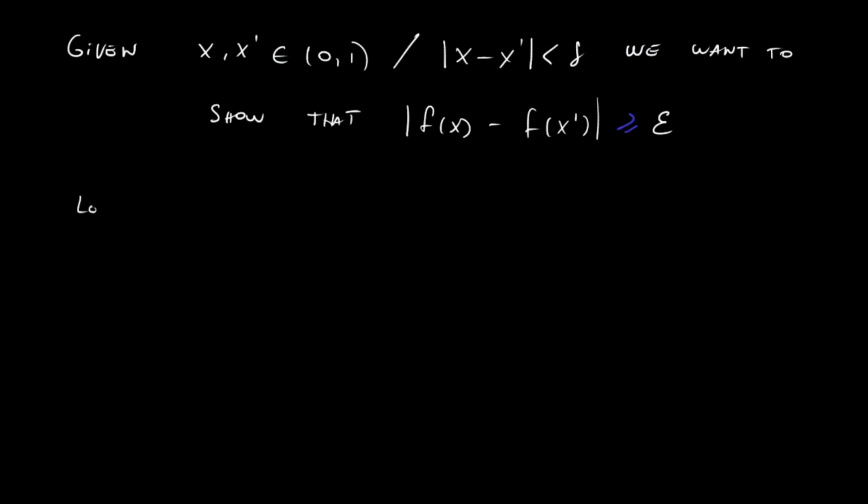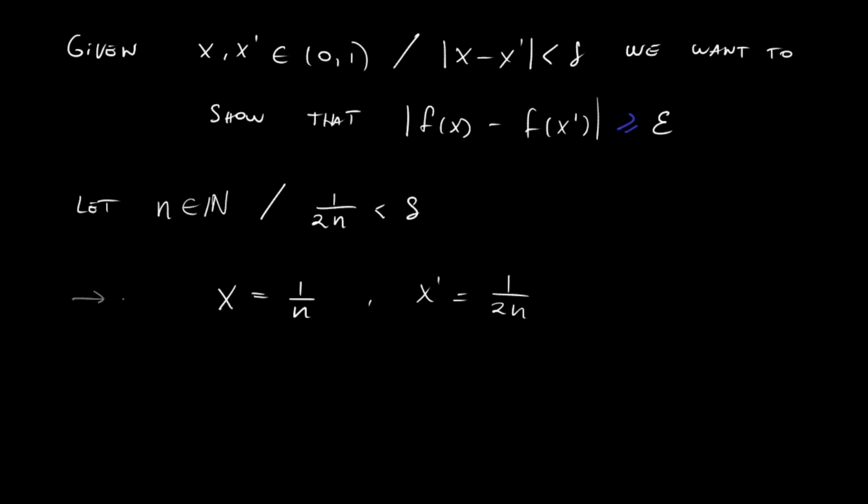Now what we're going to do is take a natural number n such that 1 over 2n is smaller than delta. This number obviously exists because delta is a positive number. And now we're going to call x equal to 1 over n and x prime equal to 1 over 2n.